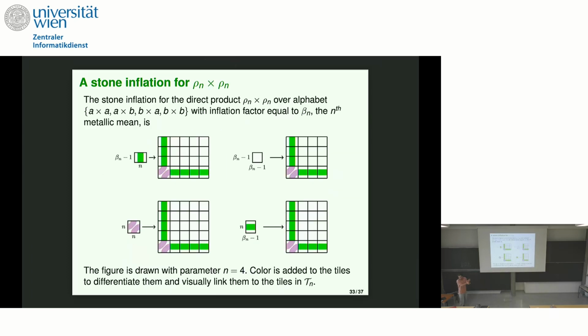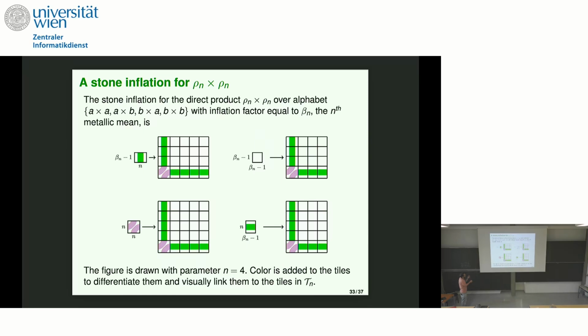You can do this in 2 dimensions using a 4-letter alphabet, using the direct product of rho n with itself, and it gives those shapes coming from the left eigenvector. And you see here the shape of the tiles, right? So these are the junction tiles, these are the white tiles, and the stripe tiles.